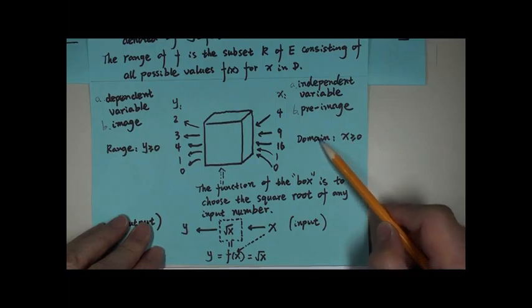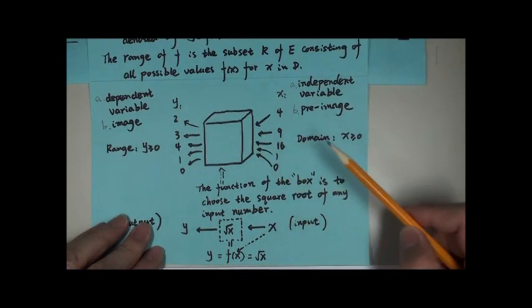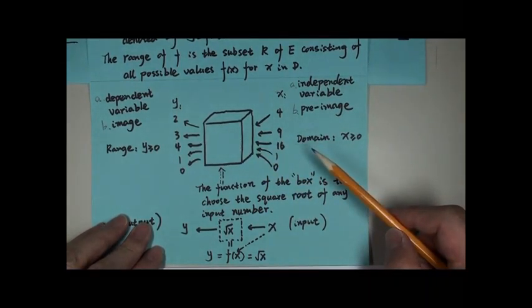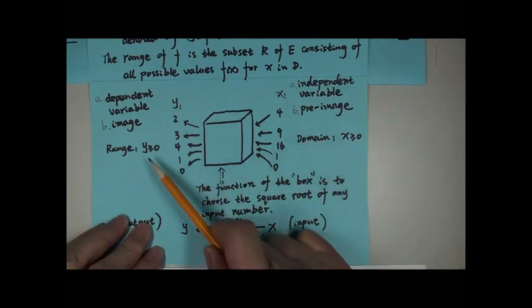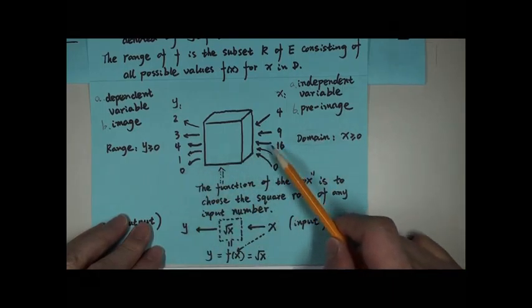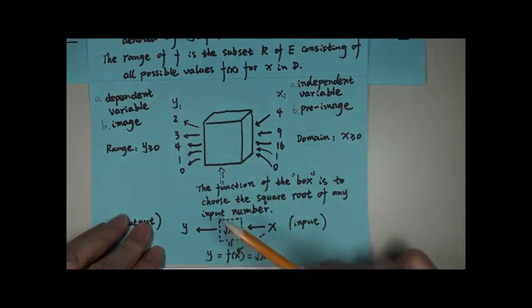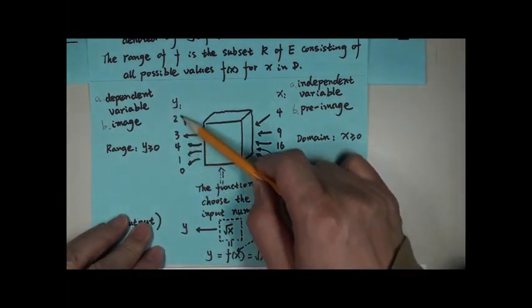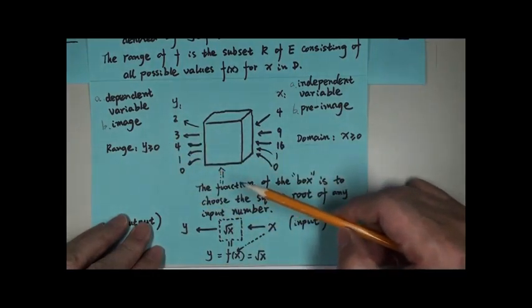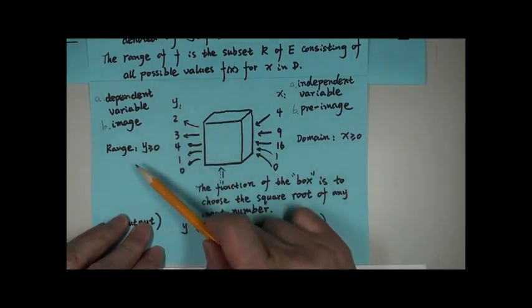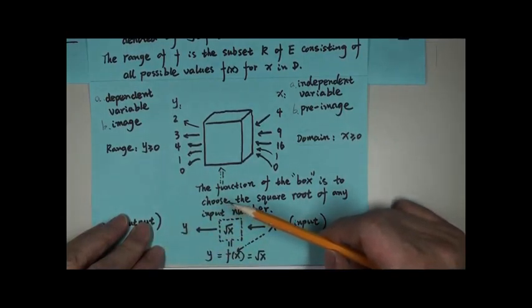We call this the domain of this function. And what is the range? You input all the possible values, and it only chooses the square root, so all the outputs should be nonnegative. In this case, the range is also greater than or equal to 0.